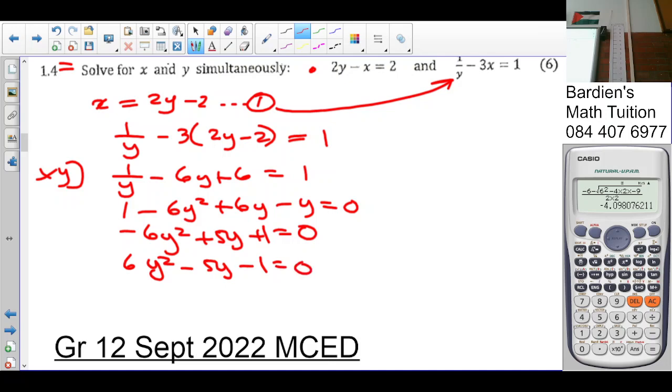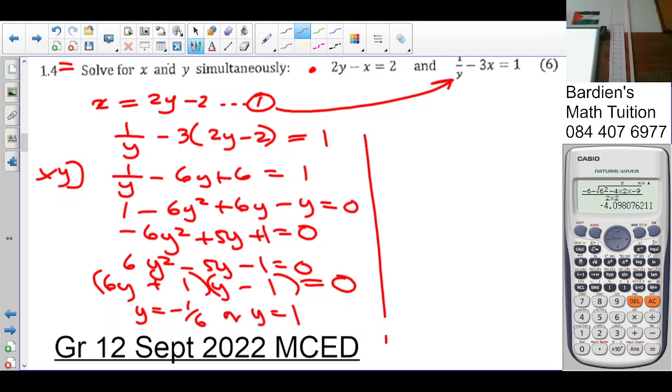I divide throughout by negative. People, again, if you can't factorize this, use the quadratic formula. Which then gives me 6y and 1, y and 1, minus and plus. So y is equal to negative 1 over 6, or y is equal to 1.